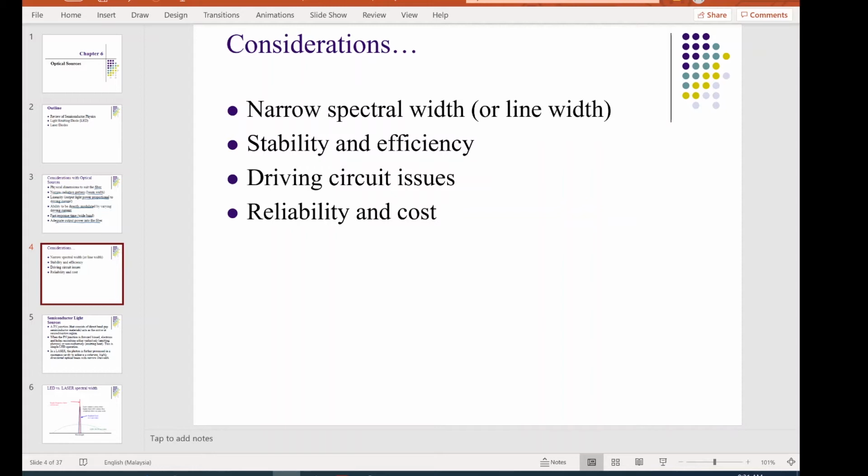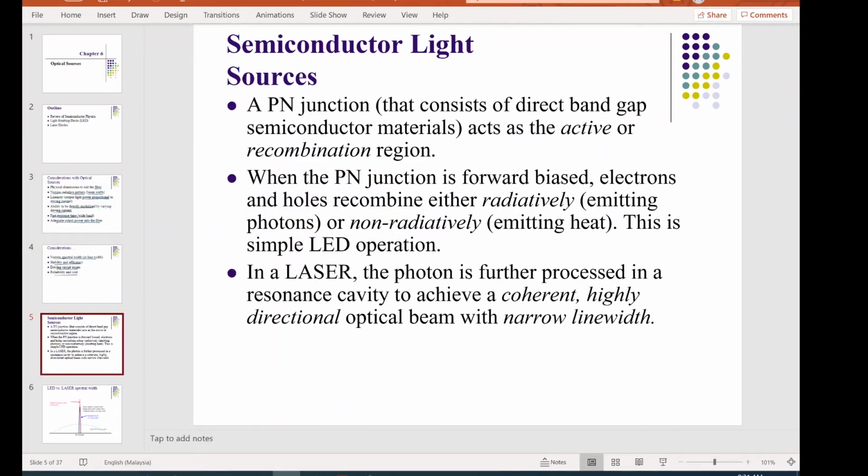Other considerations: the spectral width must be very narrow, right? It must be stable and efficient at the same time, and we need to take into account the driving circuit issues, and also the reliability and cost involved.